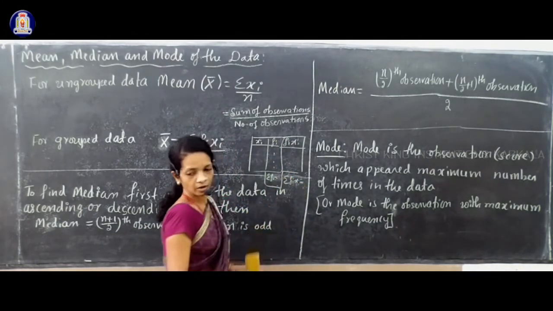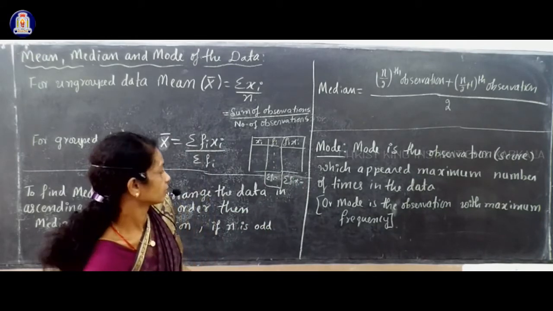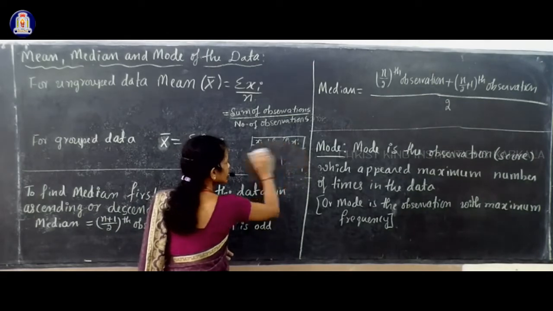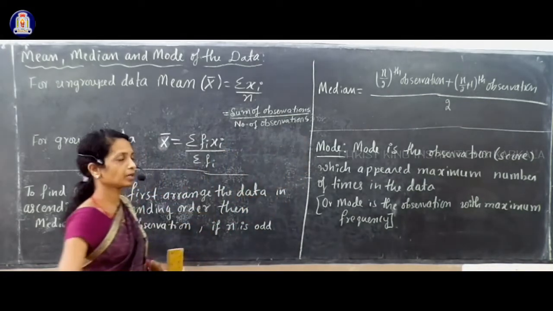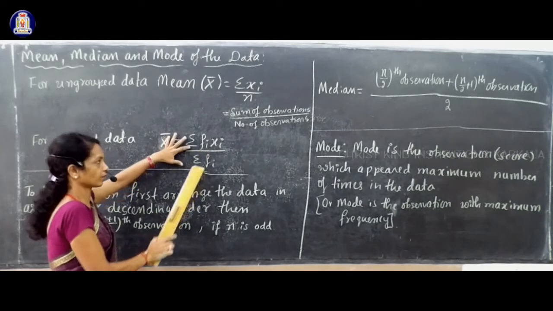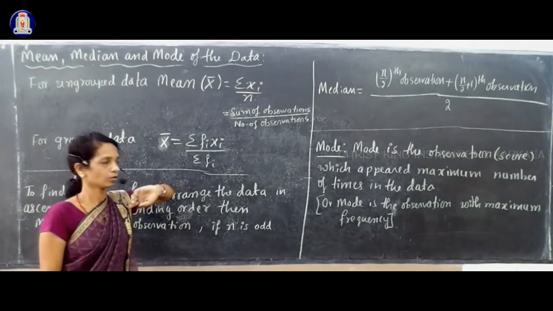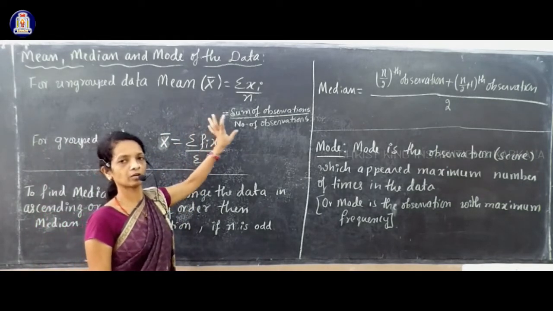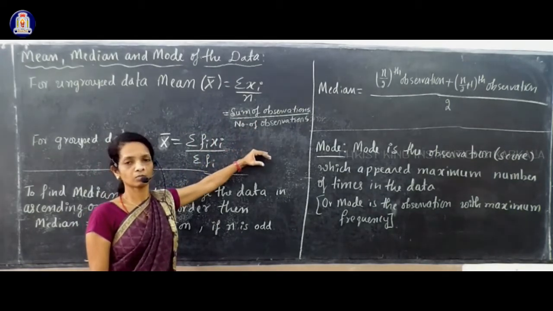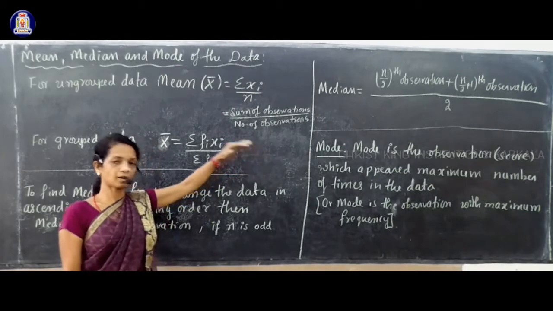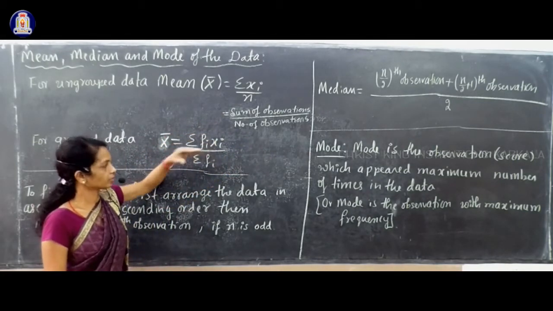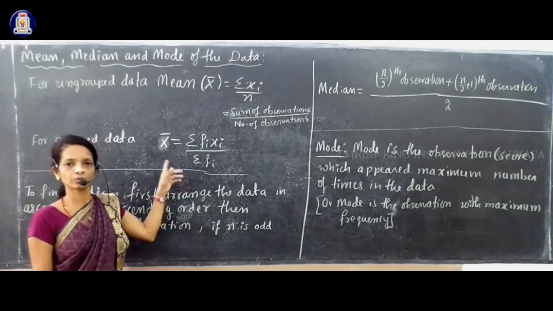After getting sigma fi xi and sigma fi, you use them in this formula to get the mean x bar. Xi and fi columns will be given to you. You make one more column, fi into xi, and take the sums. Then sigma fi xi divided by sigma fi gives you x bar.